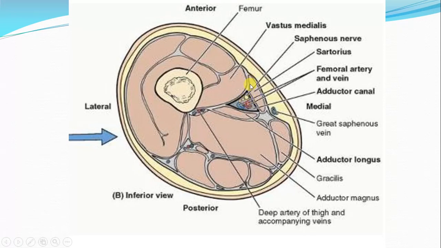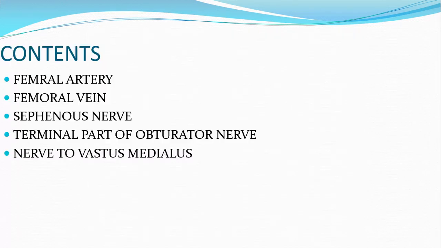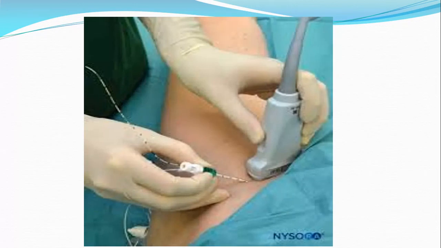Okay, and if we do it ultrasound guided, the needle is put here, avoiding damage to these structures, and we can put the adductor canal block here. So here again they confirm the boundaries, contents and the clinical reference, and inshallah further on we will learn more things about the anatomy.